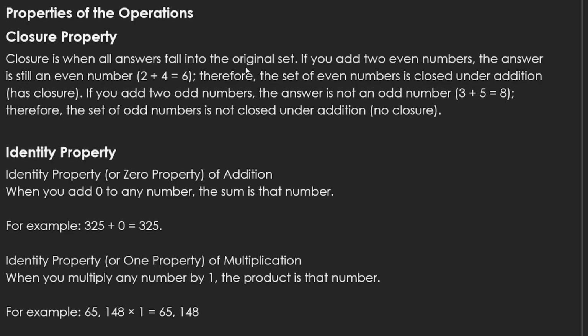Closure property. When we say you're going to add two integers, is it still going to be an integer? That is the question that the closure property asks. So if we try 3 plus 5 equals 8, then yeah, since 3 is an integer, 5 is an integer, the sum of them is 8, is also an integer.